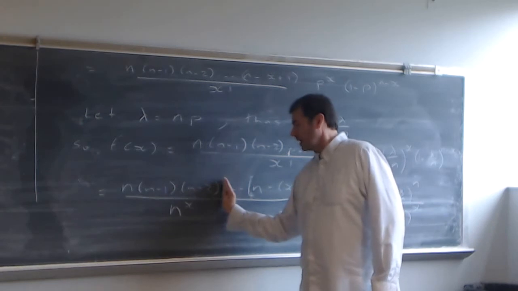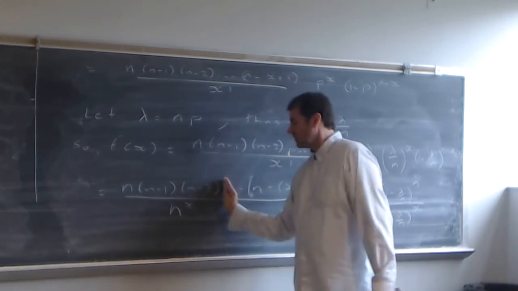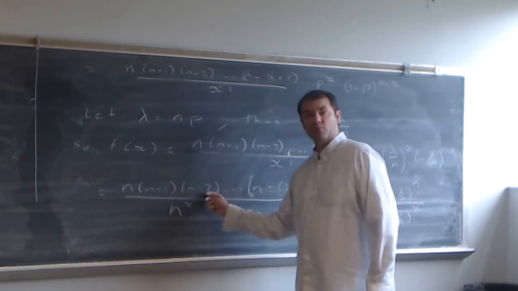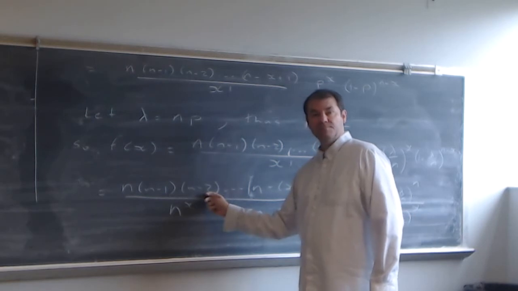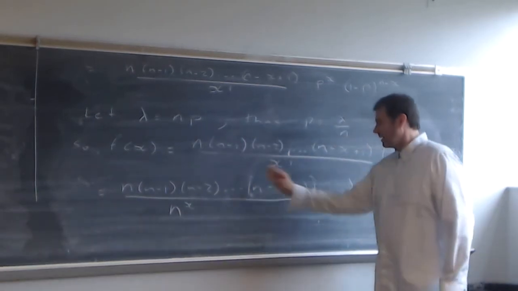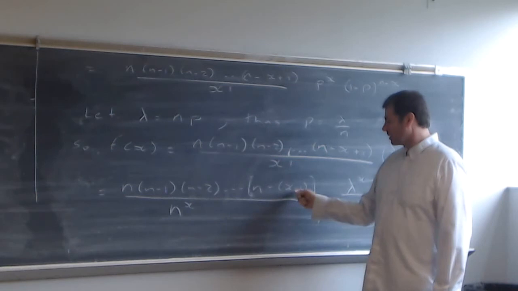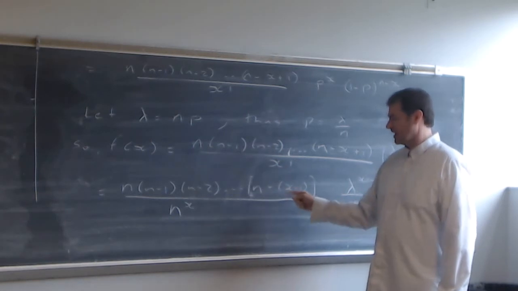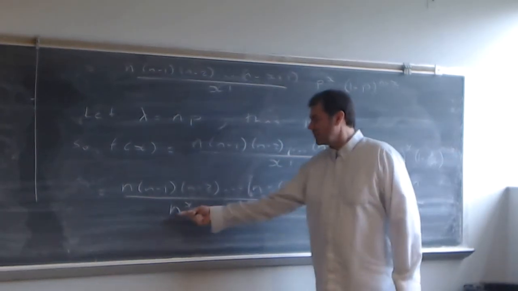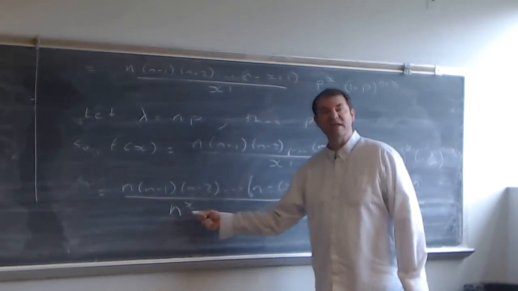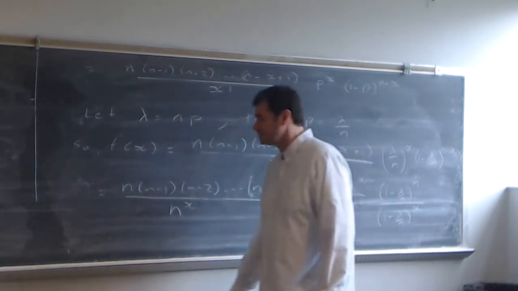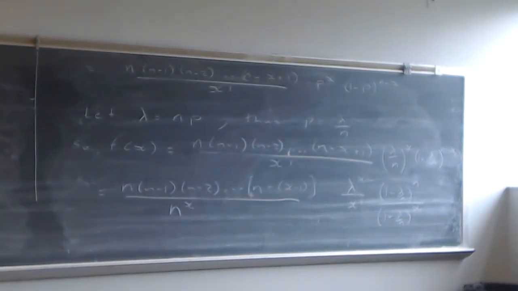If I look here, how many terms do I have to the left in the top? I've got 3, and that's 1 more than what's being subtracted from n. Here, the number of factors in the top is going to be 1 more than what's being subtracted from n, that's x minus 1 plus 1. So there are x factors in the top, and there are x n's in the bottom. Okay? So with that type of reasoning, what you can show is the following.